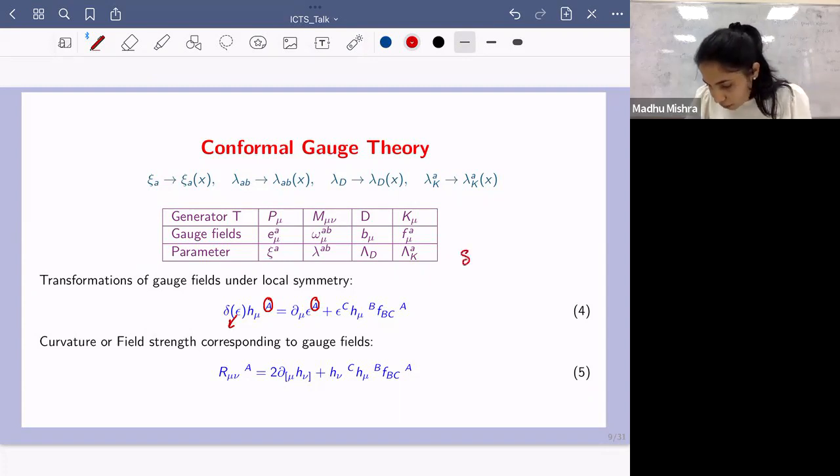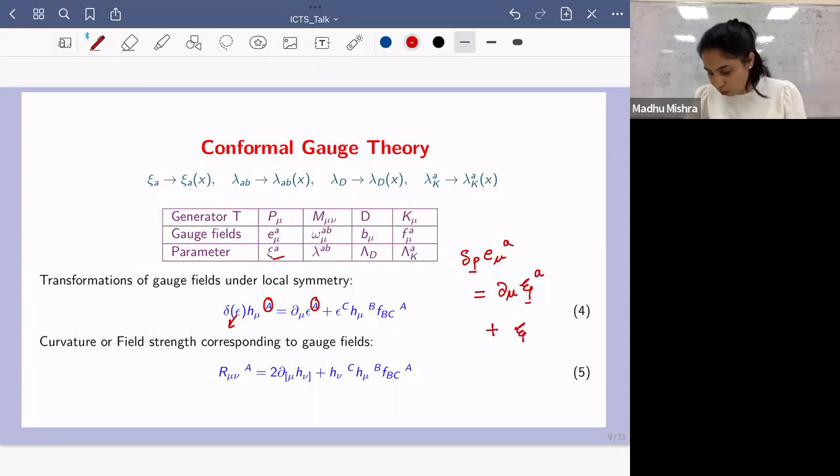So if I want to find the transformation of e_mu^A under local translation, what I will have here is this. So xi is the parameter corresponding to local translation. And since this is the parameter corresponding to the symmetry group here, it's the same as e_mu^A. So I will write this thing here.